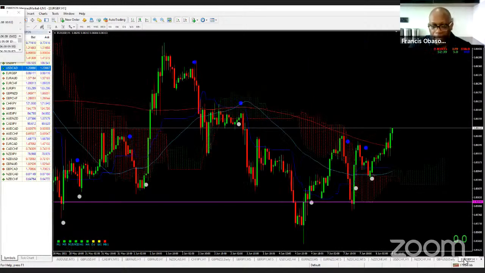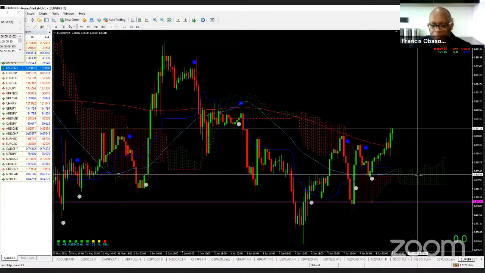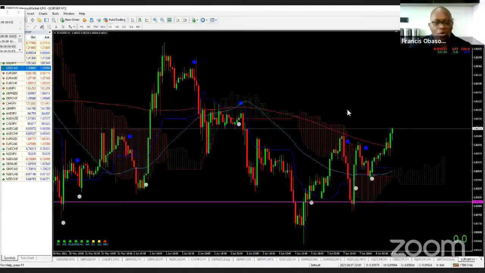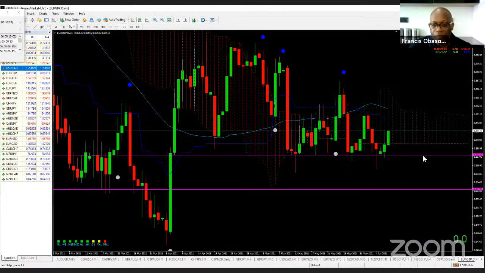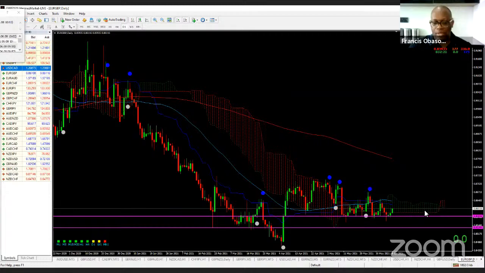Okay, so let's go check. This one, I like this one. This would also go on my list of pairs to watch. This is Euro Pound.